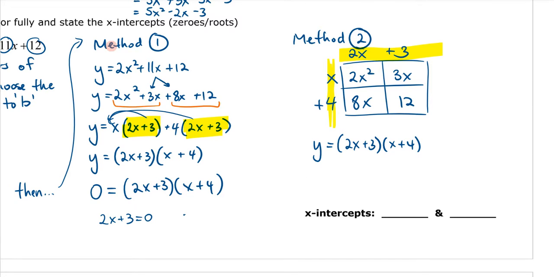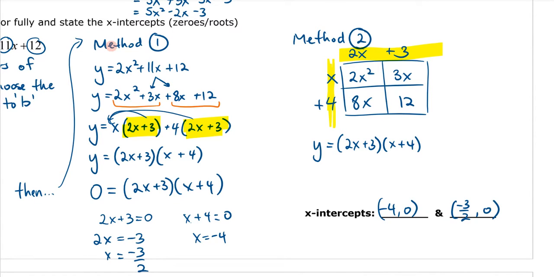And this factor here, x plus 4, can be 0 to give me the other x-intercept. So one of those is easy to find. X is going to be negative 4 here. And then this one on the left side, well, if I solve for x, I'd say 2x equals negative 3 if I subtract 3 from both sides, and divide both sides by 2, so negative 3 over 2. So my x-intercepts are going to be negative 4 and 0, and negative 3 over 2 and 0.